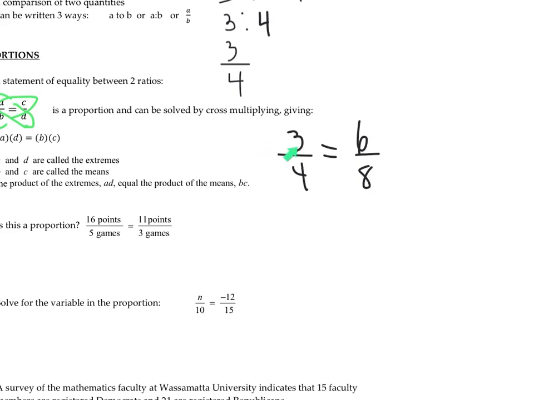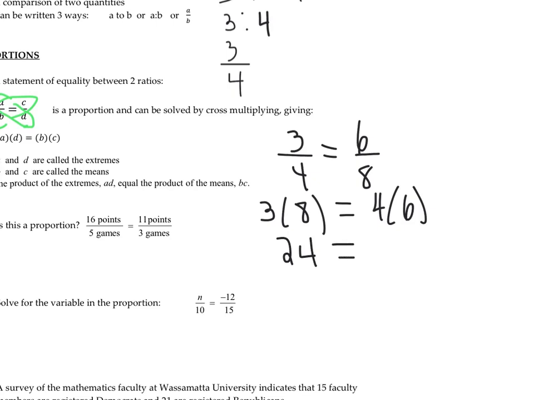If we multiply the diagonals, 3 times 8 equals 4 times 6, and 24 equals 24, so we know it is a proportion. If those diagonals did not equal each other, then the original two ratios are not proportional.